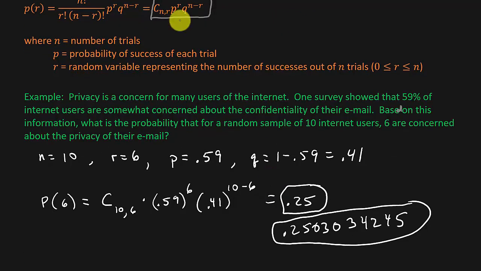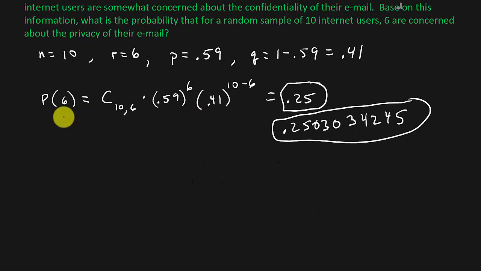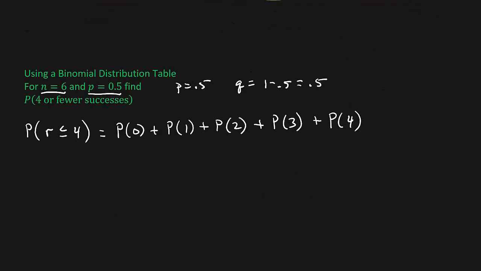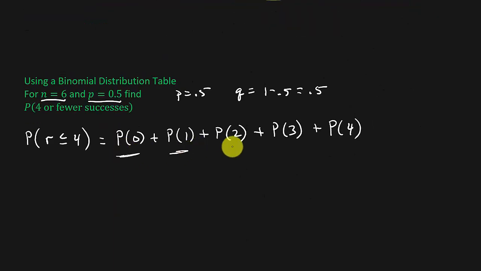I would have to plug that into there. In other words, you see what I did here? I would have to do that for each one of these. So I would have to do it 5 times. And you can imagine how long that would take. So that's where the table comes in handy.